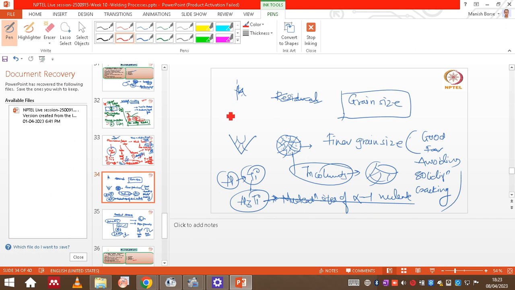Obviously, in this kind of region, there is more chance of formation of a continuous liquid film, right? Instead, if we have very fine grains, that means the grain boundary area is increased here, right?